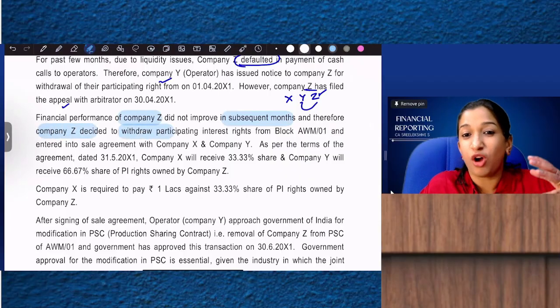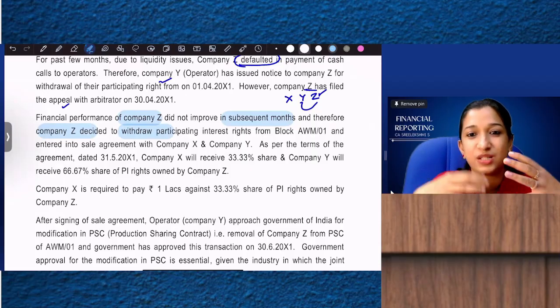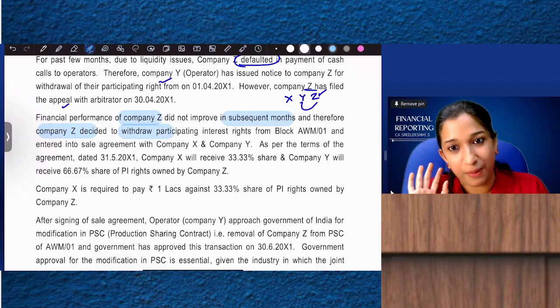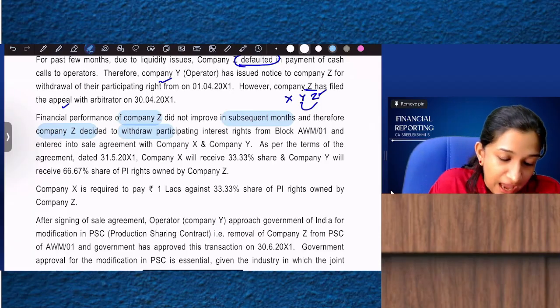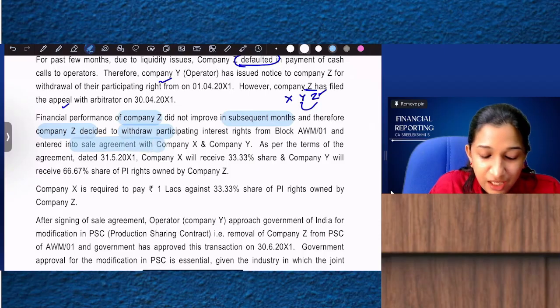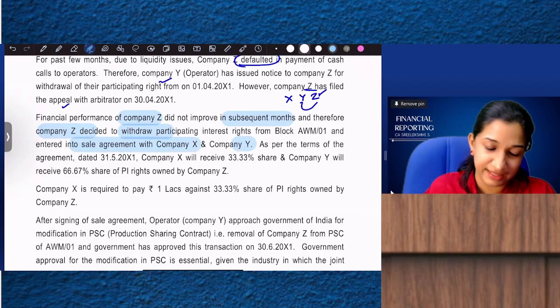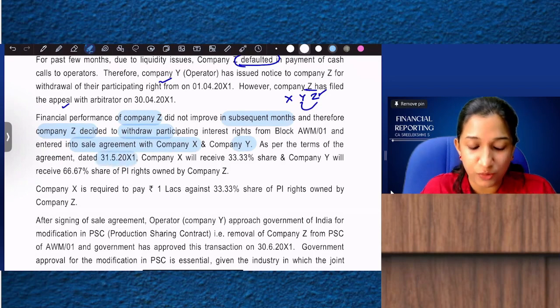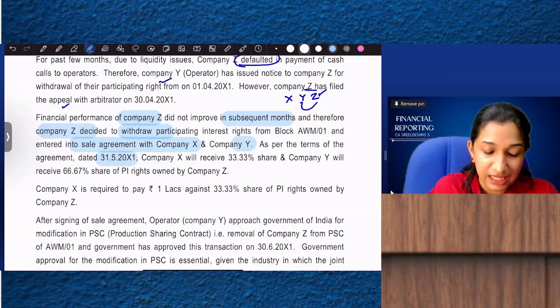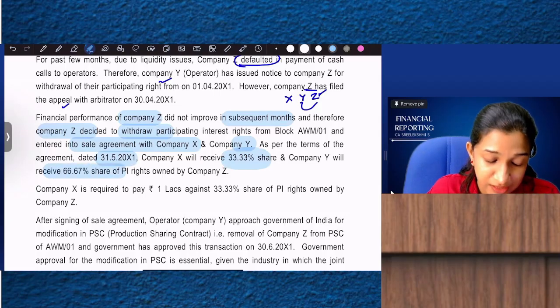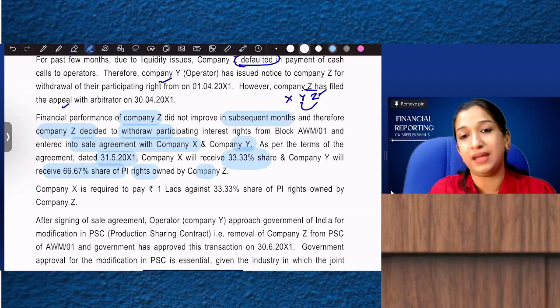So there is a conflict of interest between X, Y, and Z. Z is withdrawing from this arrangement and entered into a sale agreement with X and Y. As per the terms of the agreement dated 31st May 2011, company X will receive 33.33% share and Y will receive 66.76% share of PI rights owned by company Z.